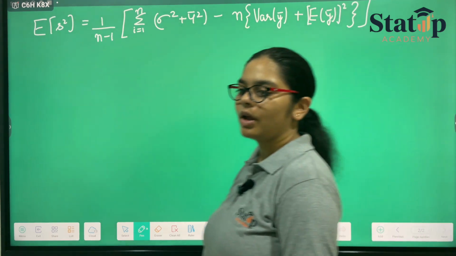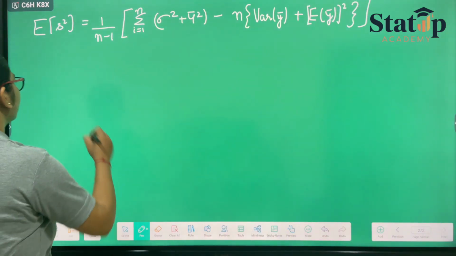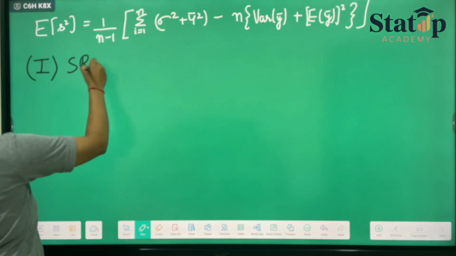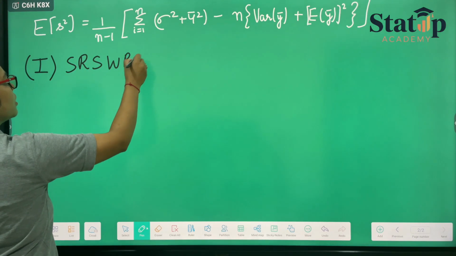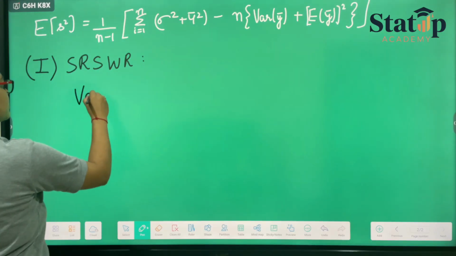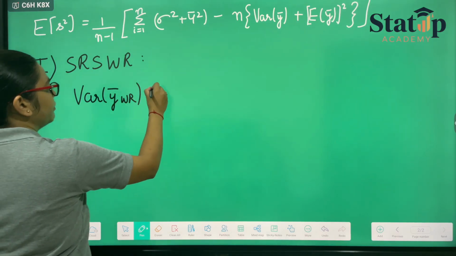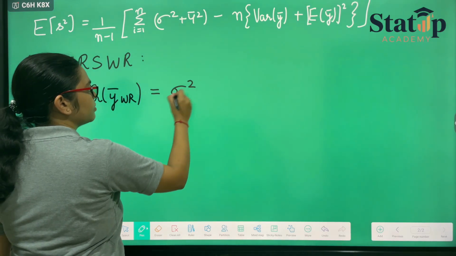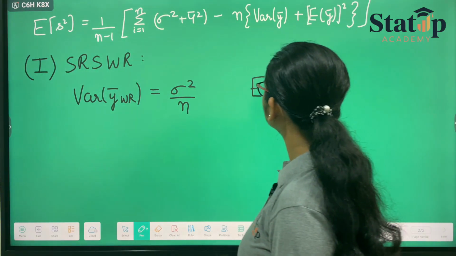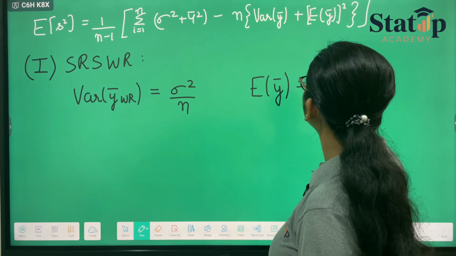Now we will talk about simple random sampling with replacement and simple random sampling without replacement. First, simple random sampling with replacement. Here, variance of Y bar with replacement, we calculated, is nothing but sigma square upon n, and estimation of Y bar is nothing but capital Y bar.